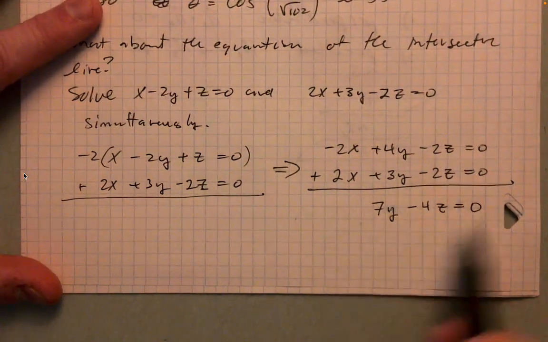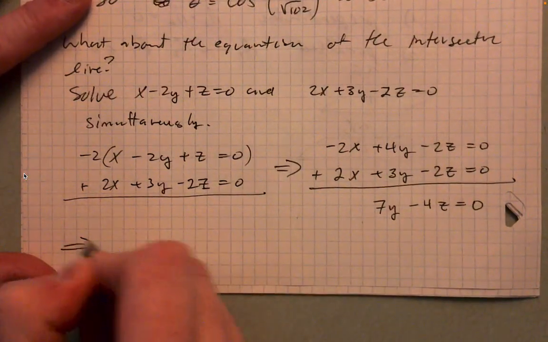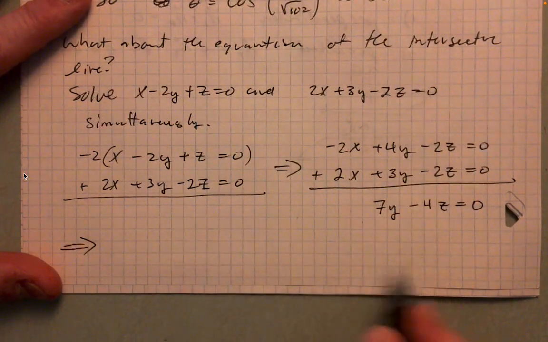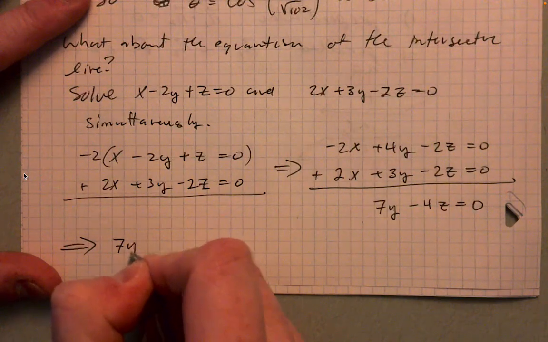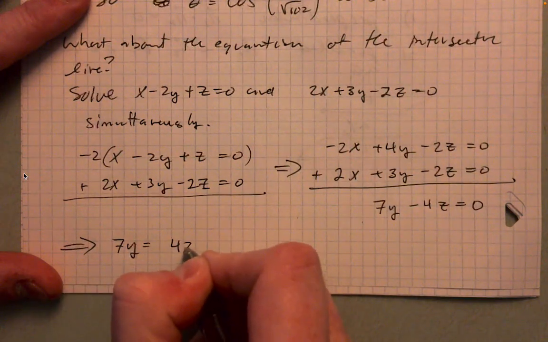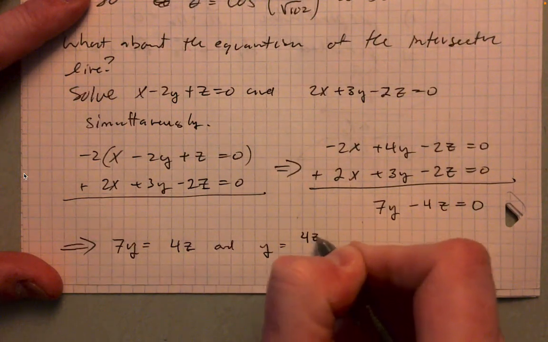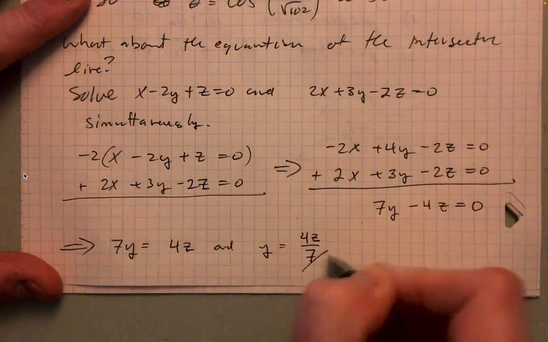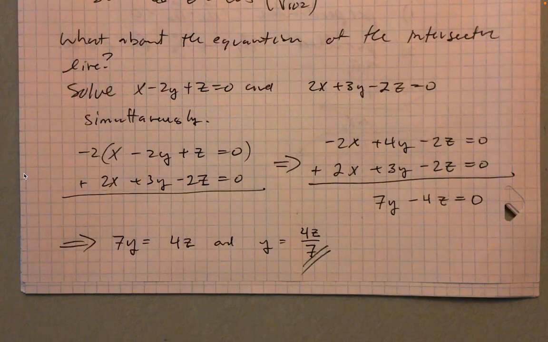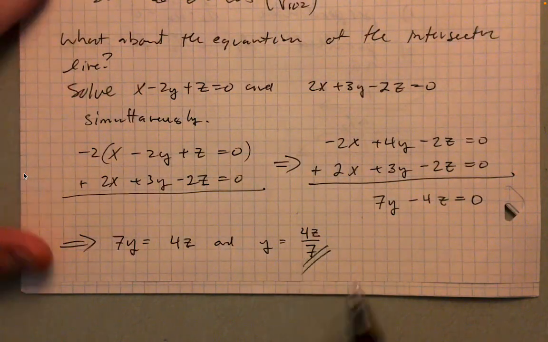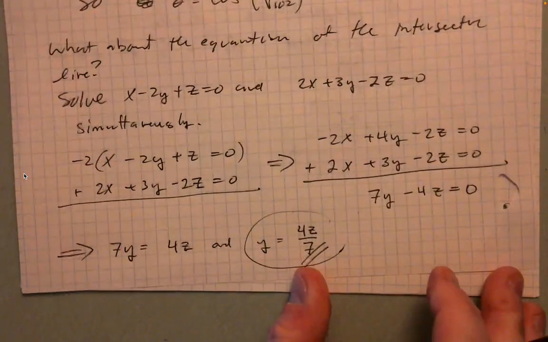Okay, and so from this, that's going to imply that 7y equals 4z, and y equals 4z over 7, right? So that's the first piece. Now, what I can do then is take this. So let me grab another sheet here.